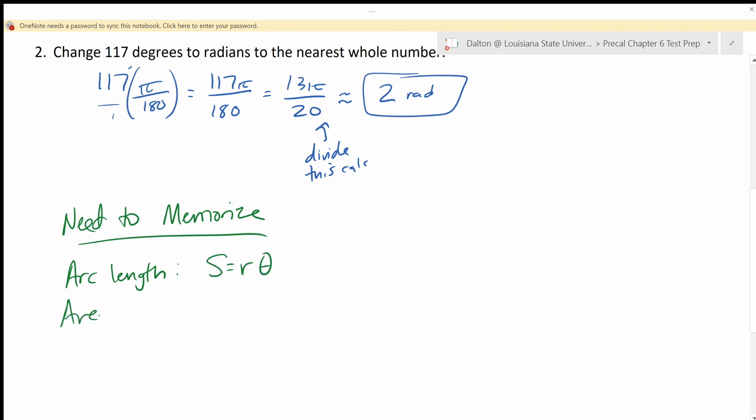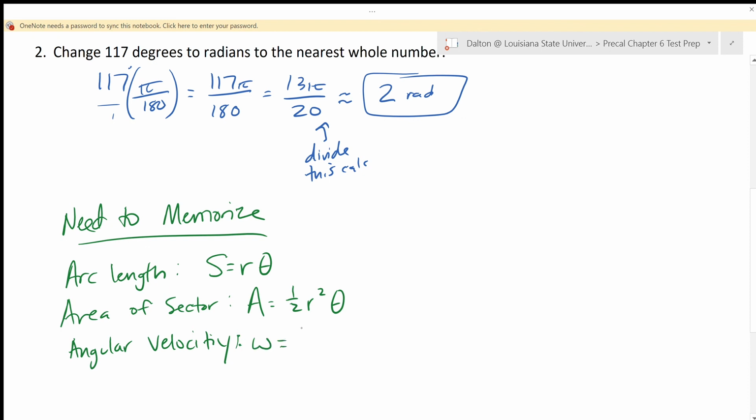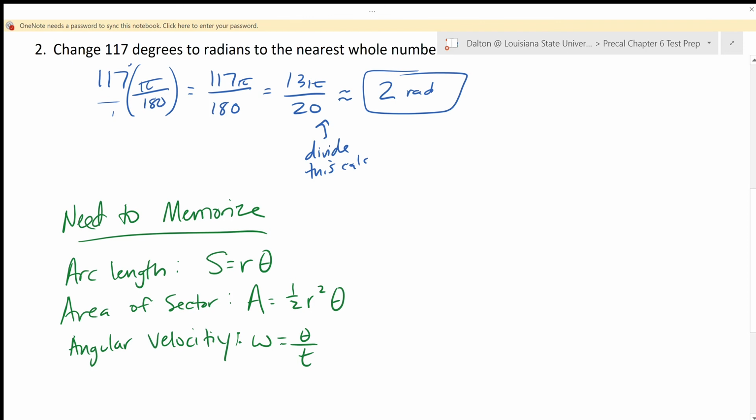You also need to make sure that you know the area of a sector, which is A equals 1/2 r squared theta. You also need to understand angular velocity, and know that its formula is omega equals theta over t.